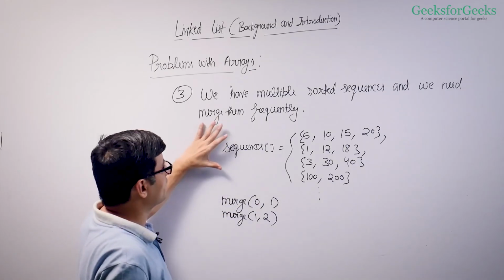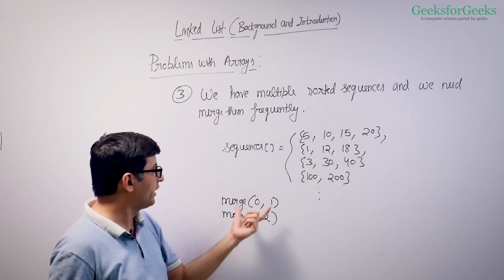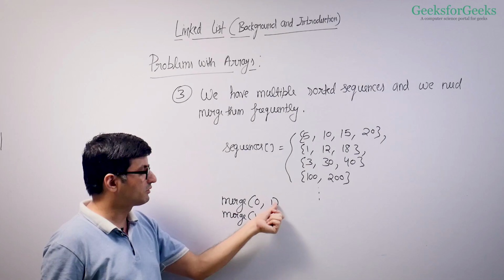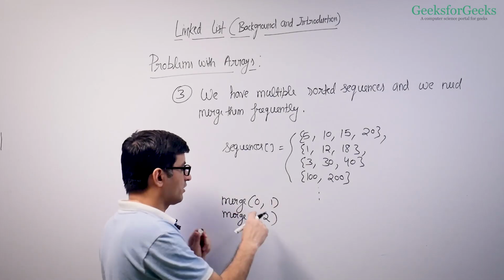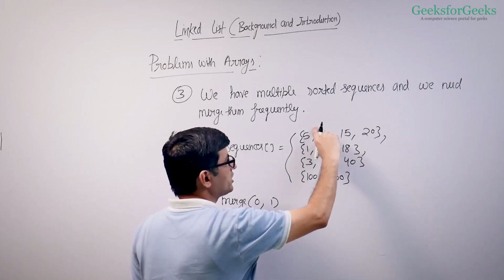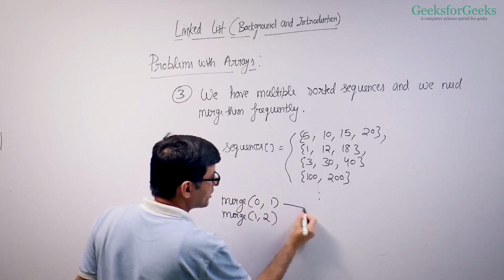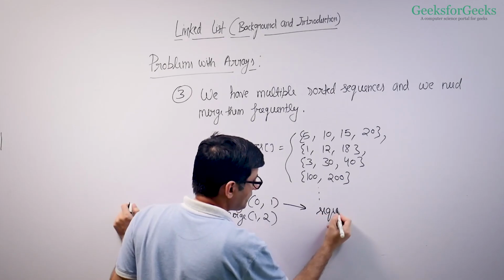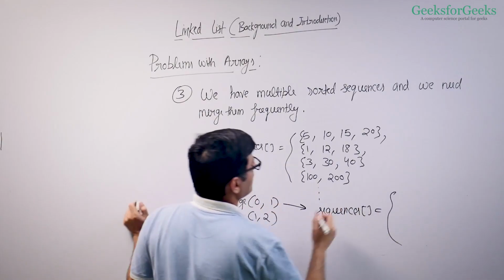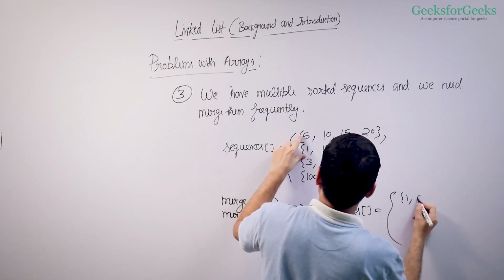See, we are given a problem where we have multiple sequences and we have queries on these sequences, where every query says that we need to merge one sequence number with another sequence number. So when I process this query, merge 0 1, what I mean is these two sequences should be merged, and my new sequences after this query should become, so 0 and 1 are merged, so they become 1, 5.